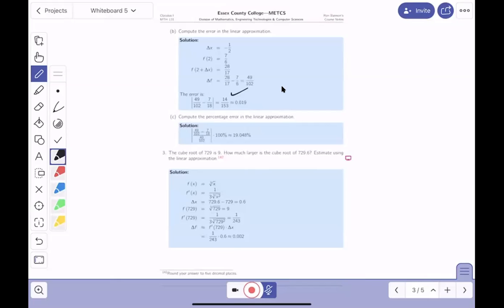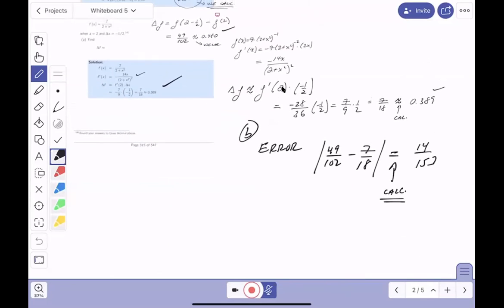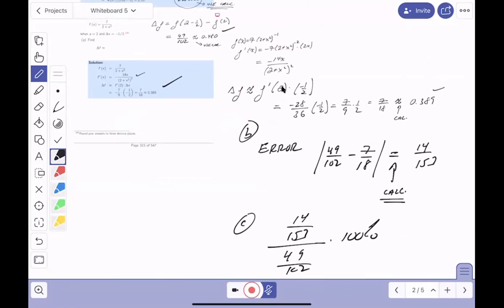The next thing is compute the percent error. That's going to be C. Well, that's going to be the 14/153 over the actual exact number, which is 49/102. And this is a percent error, so I'm going to multiply by 100%. And again, I hate to say this, I'm going to use a calculator again.